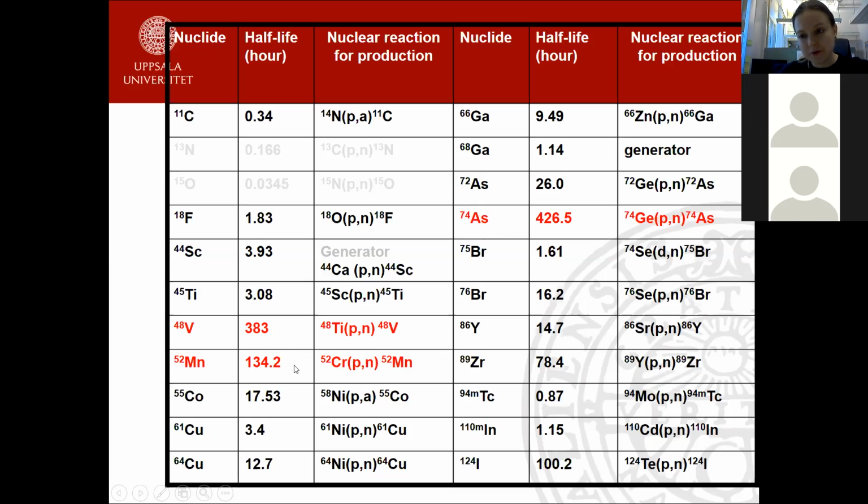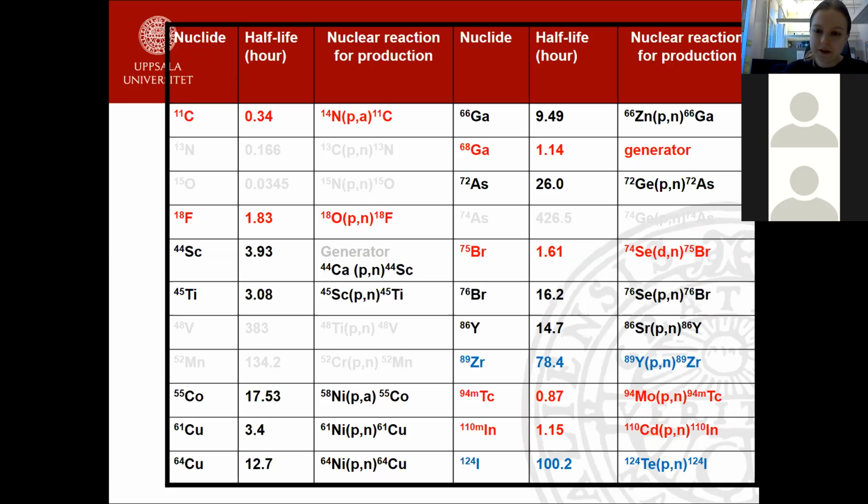So they are not so useful because when we inject something in patients, we don't want the activity to stay for too long in the patient because it will give a high radiation dose. So these are not used for labeling of biomolecules as well.